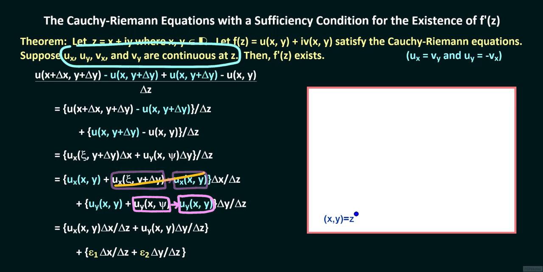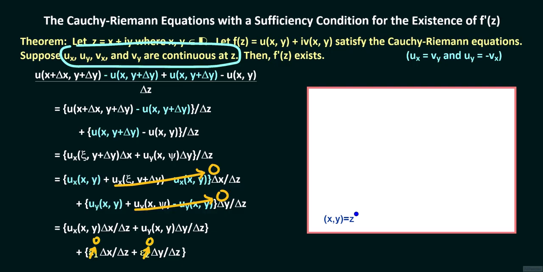Therefore, u sub x of c y plus delta y minus u sub x of xy tends to 0, as does u sub y of x c minus u sub y of xy as delta z tends to 0. Therefore, epsilon sub 1 tends to 0, as does epsilon sub 2 by their definitions.